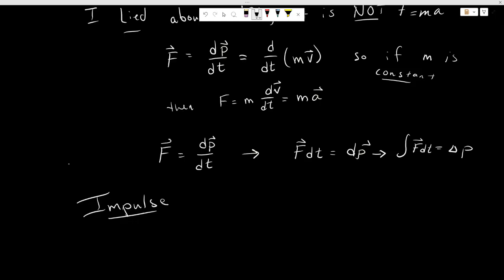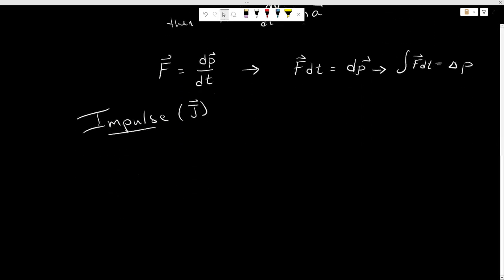So impulse, which we give the letter J. J is actually an interesting one for impulse. A lot of people are like, oh, why is it J and not I? That's because I is used for current and a whole bunch of other things. But why J and not I? It's because in Latin, I and J are the same letter.